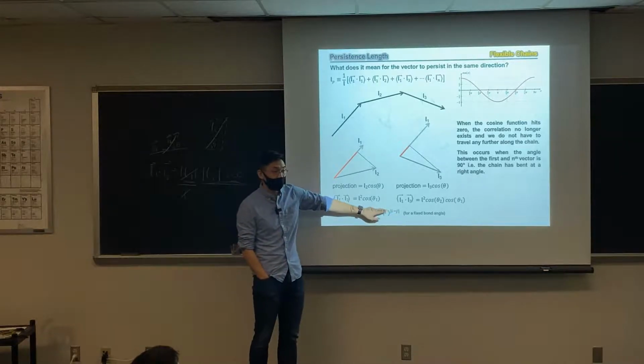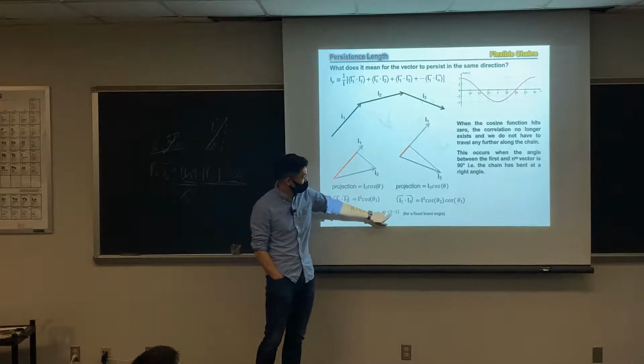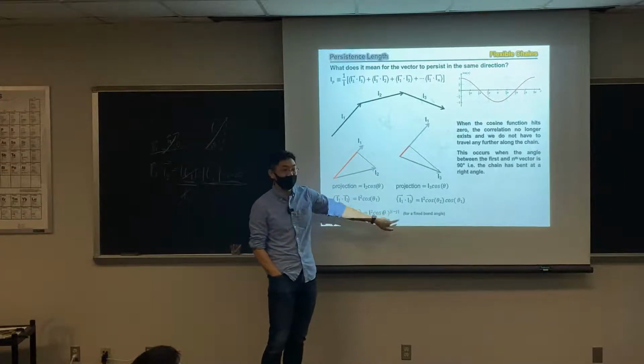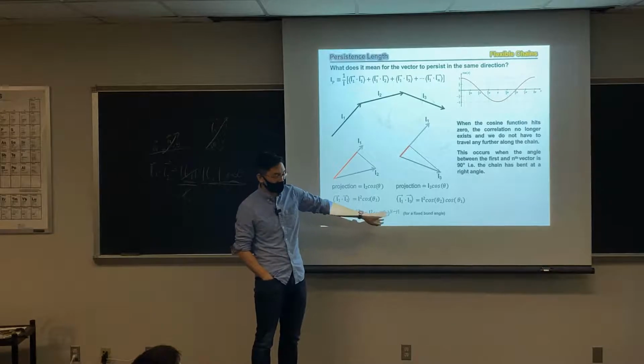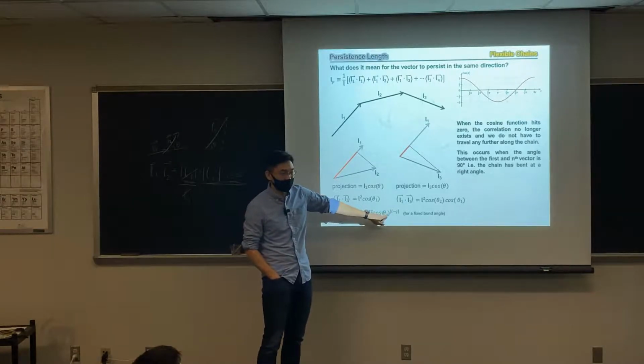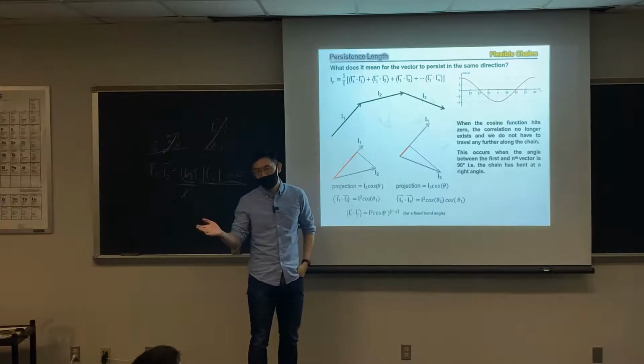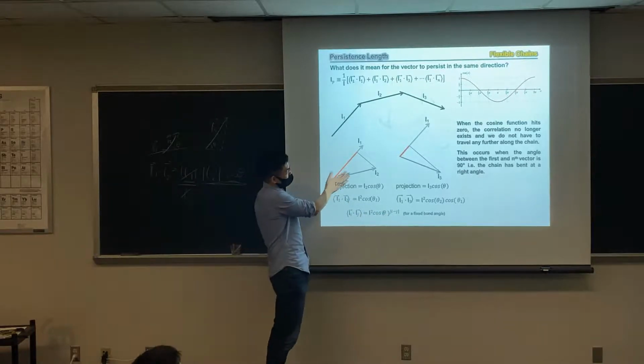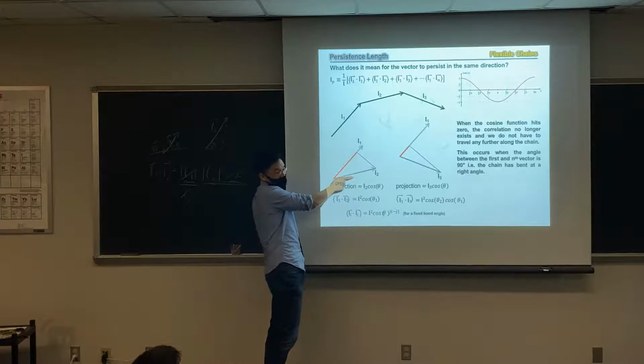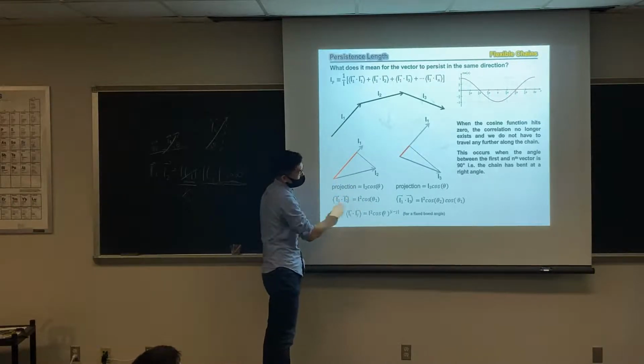If they're neighboring bonds, say bond 5 versus bond 4, you can use 5 minus 4. So the next bond's projection onto the previous bond follows exactly cosine theta to the power 1.